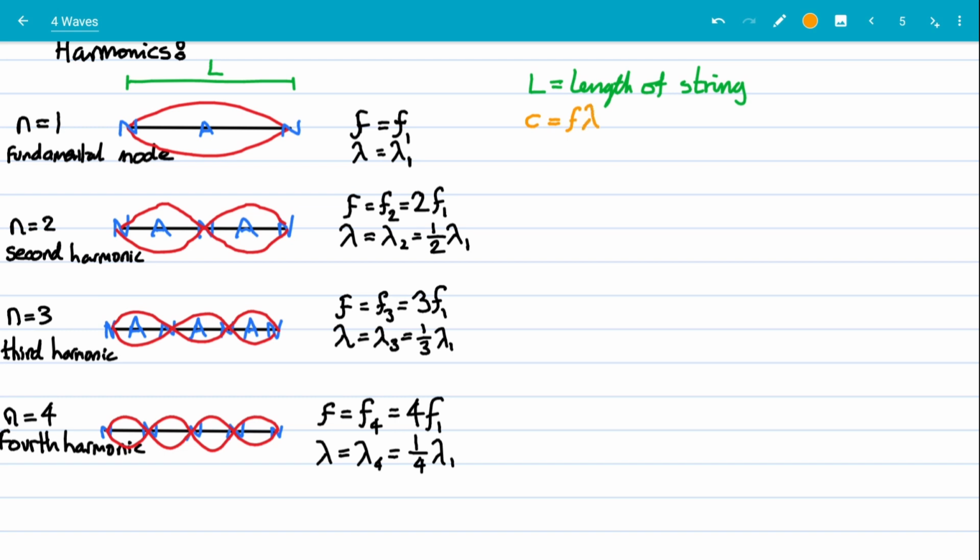So c equals f lambda, that's still true. And c, which is the progressive wave speed, progressive, remember there are two progressive waves which are interfering to form this stationary wave.